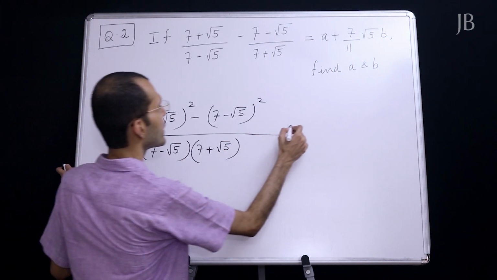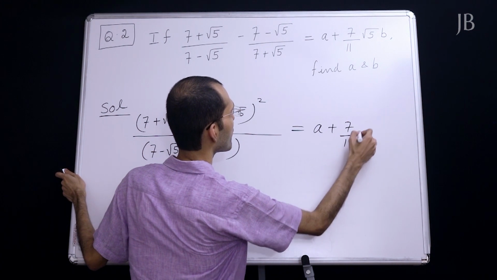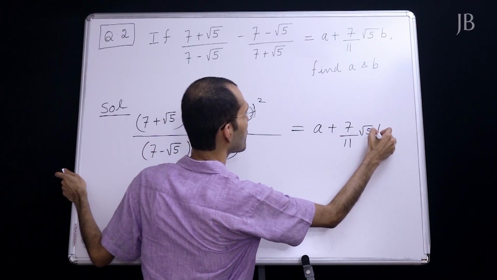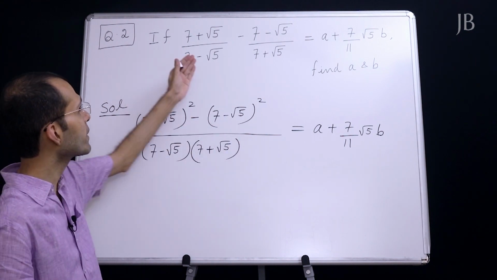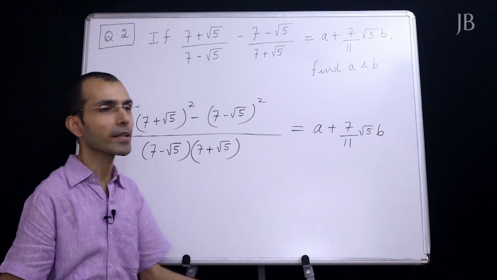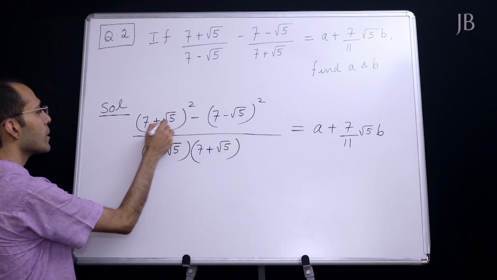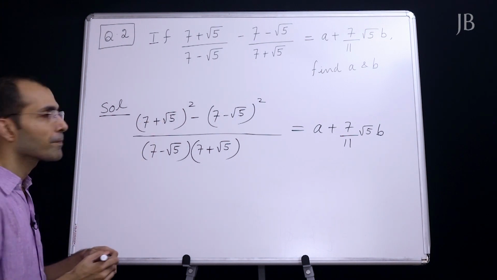This is done. Equal to a plus 7 upon 11 root 5 b. This will remain like this. It is very important for you to put the equal to sign because they have given it already equal, and under these conditions you have to find a and b. This is now a plus b the whole square, bracket opening up.